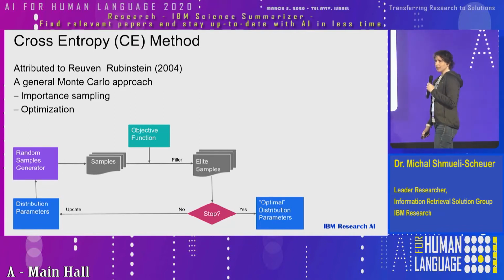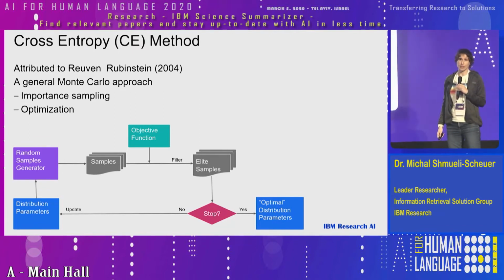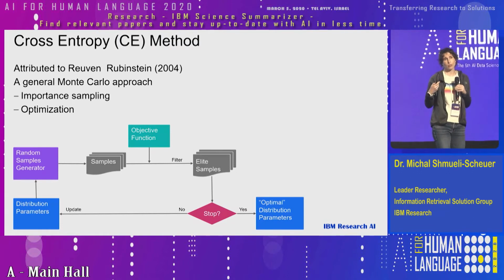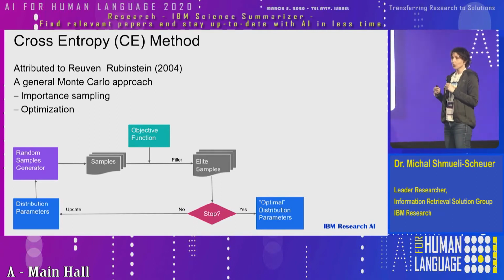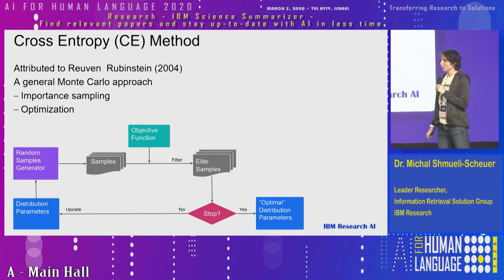Then we have the elite samples. Those are the samples that got the higher scores based on the optimization objectives that we define. If the elite samples are good enough, so they are above some threshold, then we say, okay, we are done. However, if they are not good enough, then we go back to the purple box.